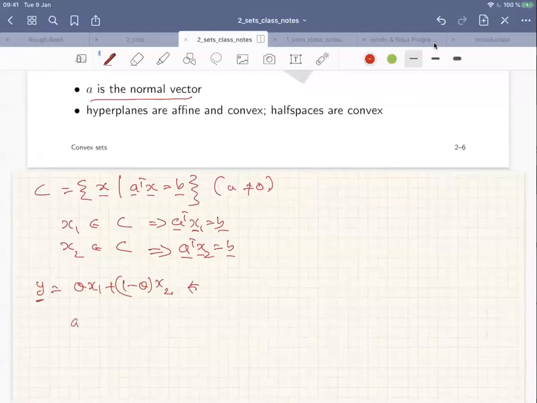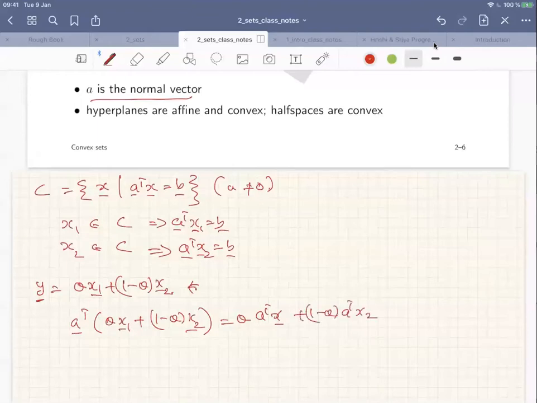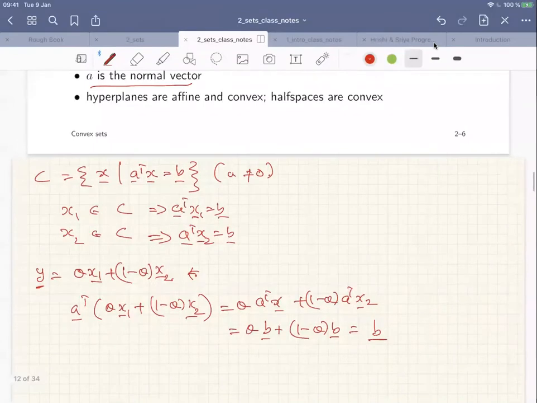Now we want to check whether this point y is in set C. So it is easy to check. We just verify A transpose of theta x1 plus 1 minus theta x2, right? So this will be theta times A transpose x1 plus 1 minus theta times A transpose x2, which is theta times B plus 1 minus theta times again B, which is equal to B, right? So for any value of theta, this is satisfied.